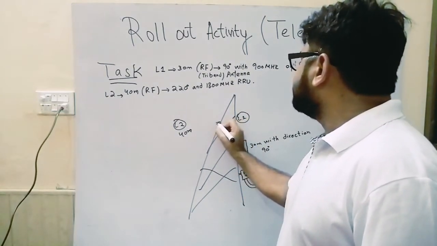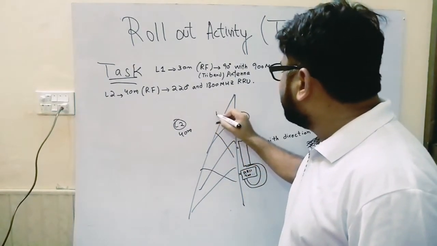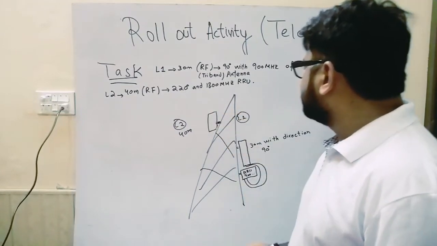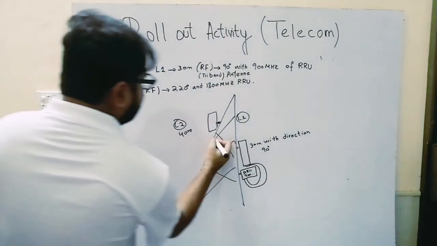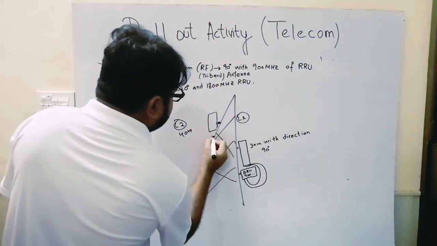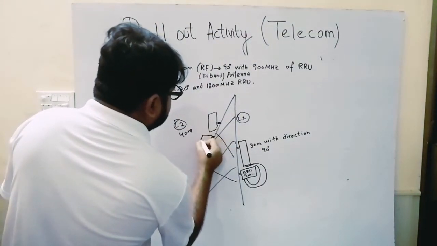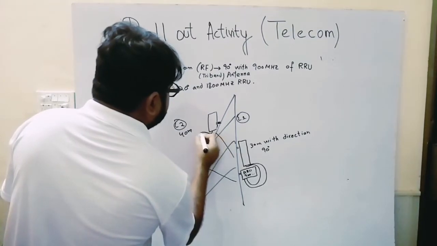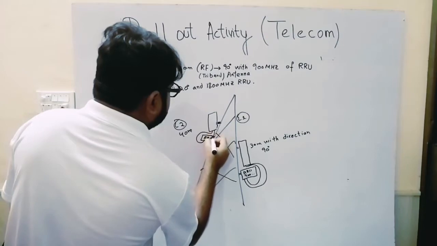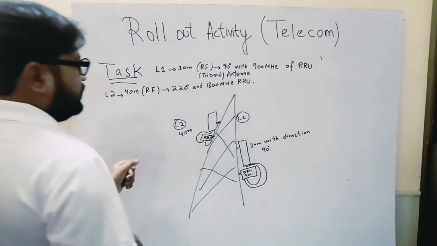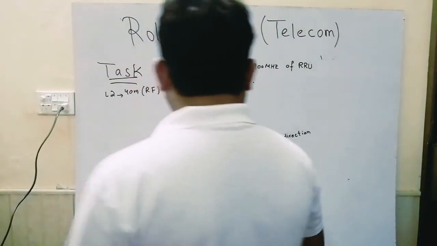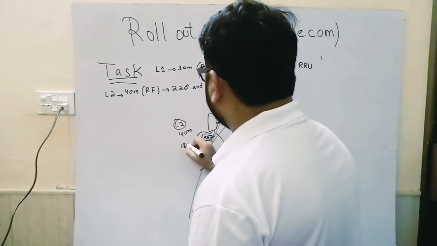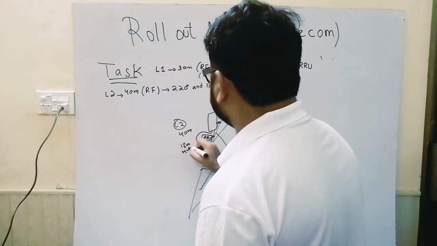So here we install the RF antenna and add the RRU here, with 1800 MHz frequency.